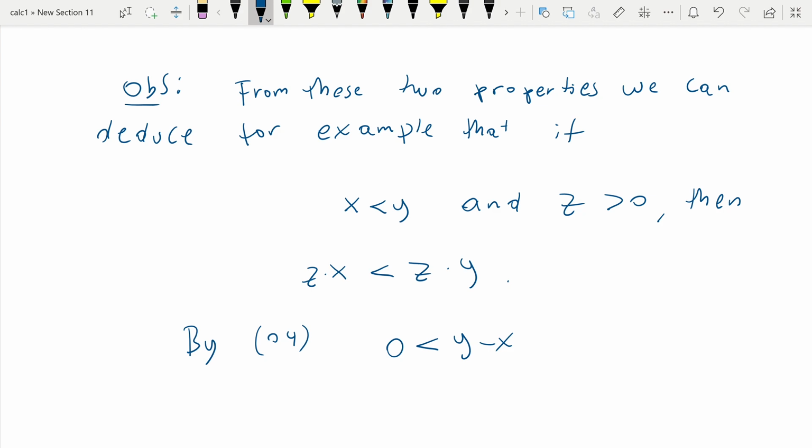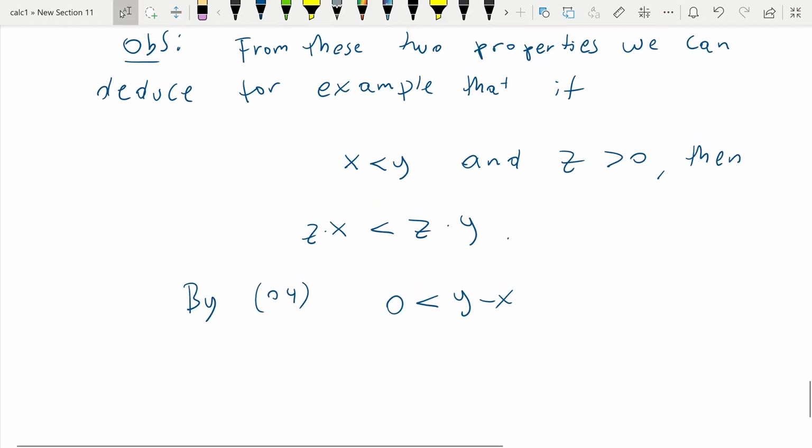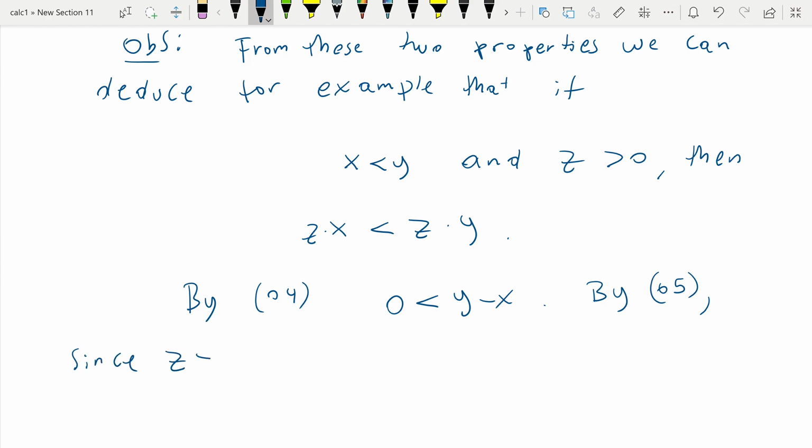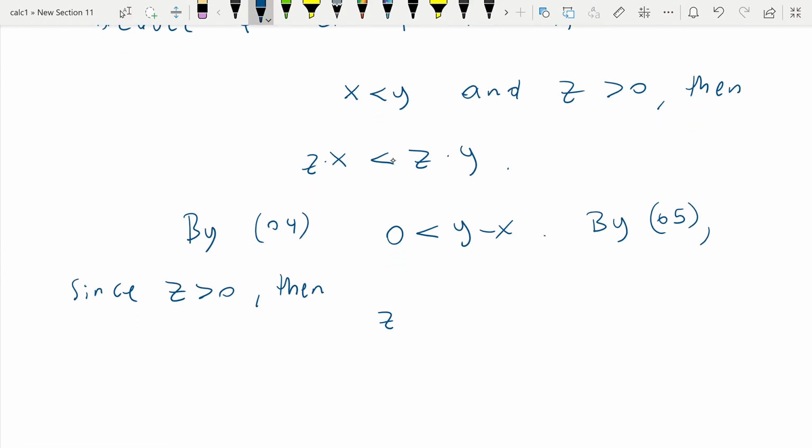So y minus x is a positive number, and by property 05, since z is positive, then z times (y minus x) must be greater than 0 as well.